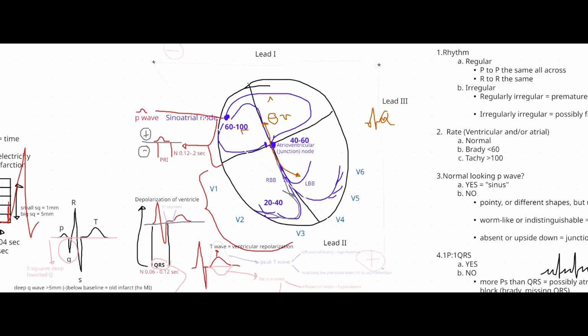So in a first degree block, this fires, but then there's a little problem here, so then it's slow, right? And that's consistent. It's just consistently slow. In a Mobitz 1 or second degree type 1, this fires, it goes through, and then the QRS.